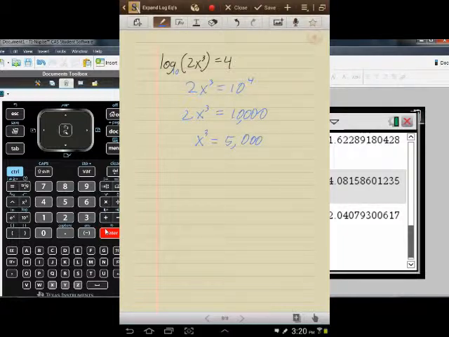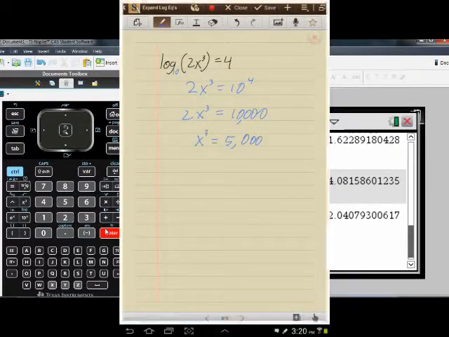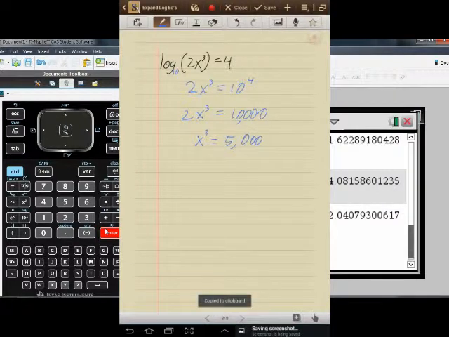Now, how do we get rid of a cube? We haven't really talked too much about cubes. If it was a square, we would square root. Same idea if it's a cube: we're going to do the cube root.